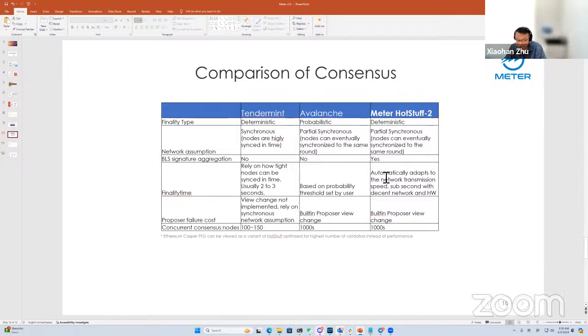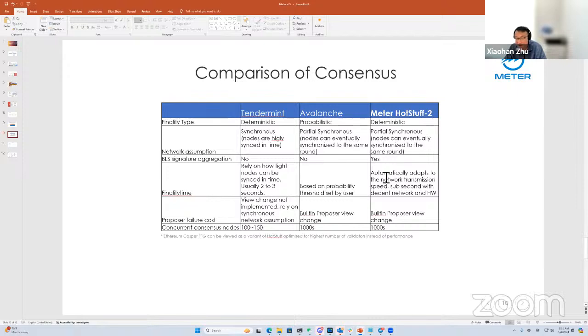But one of the things is Tendermint is deterministic. Every block in the Tendermint blockchain is typically finalized, and it achieves relatively high performance. Avalanche is a newer algorithm. It doesn't have the synchronized assumption for the network nodes, and can be pretty high performance.